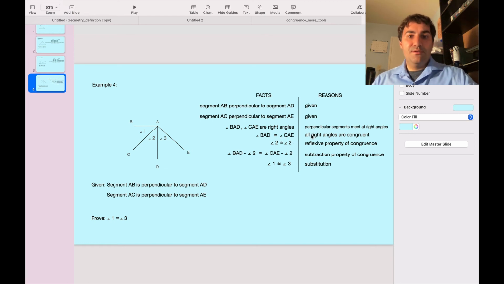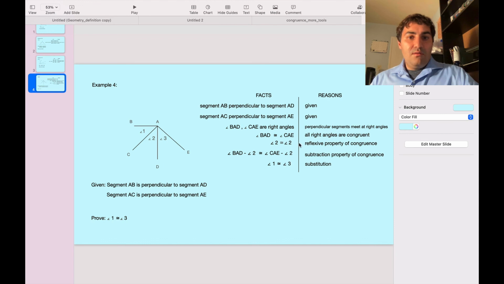And right angles are congruent. Why? Because all right angles measure 90 degrees, so the measure of right angles is always going to be the same. We just use the definition of congruence to establish this property for right angles. Again, I'm using this reflexive property of congruence, which is pretty straightforward. Angle 2 is congruent to itself.